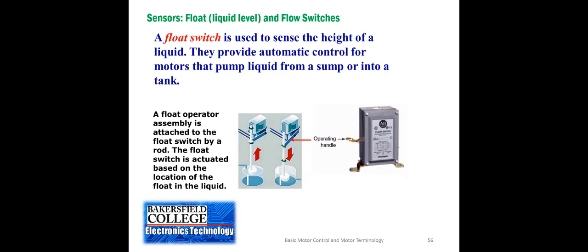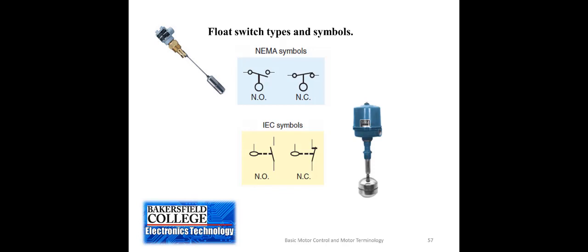So the liquid level builds up, and then at some point it'll turn on, and then after the liquid has dropped down enough, it will turn off. As you can see, a float switch is a full circle on its symbol, and that would represent the actual float device that's at the end of it.